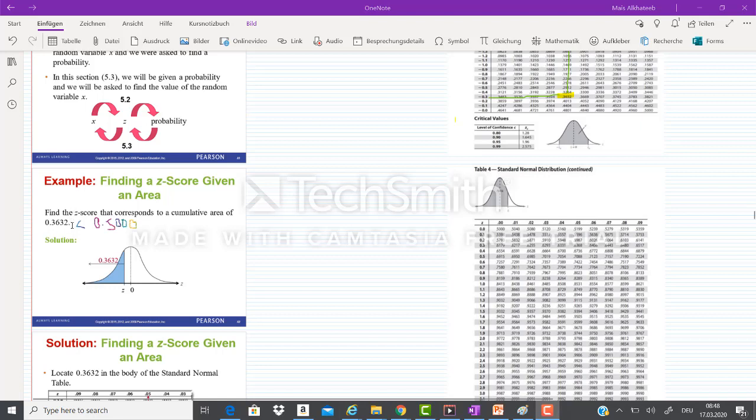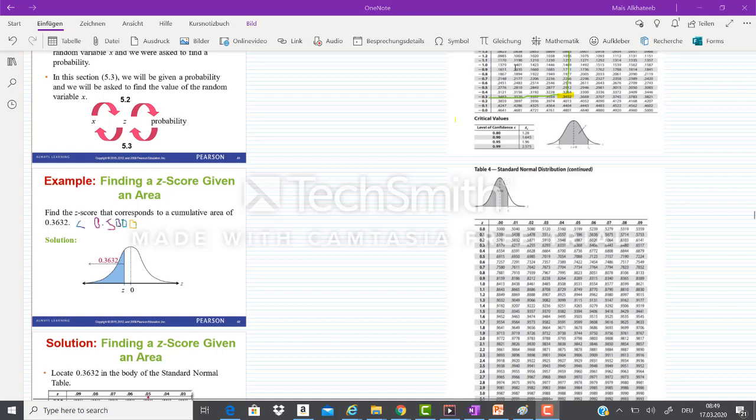This area is smaller than 0.5000. Therefore, I have to use the negative table. I go to the negative table and I search for this value, which is 0.3632.